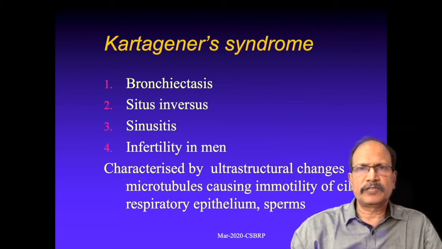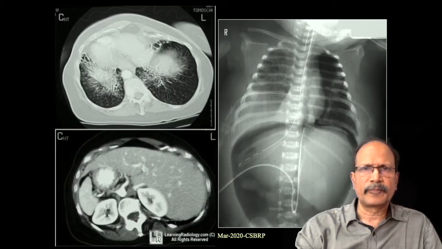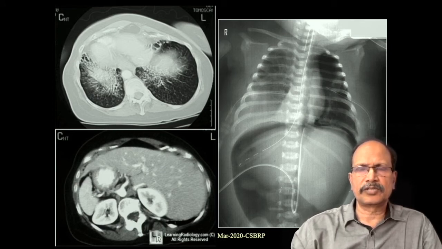You should suspect Kartagener syndrome in any patient who is suffering from recurrent attacks of infection, mainly in the form of sinusitis and otitis, and coming to you with bronchiectatic features, and X-ray may reveal situs inversus in this patient. If the patient is male, probably they may also have, in addition, sterility. And this is the radiological appearance of a baby, wherein you will see dextrocardia and left-sided liver.